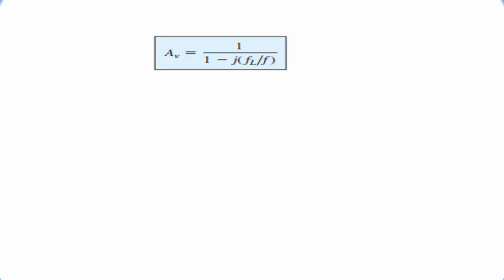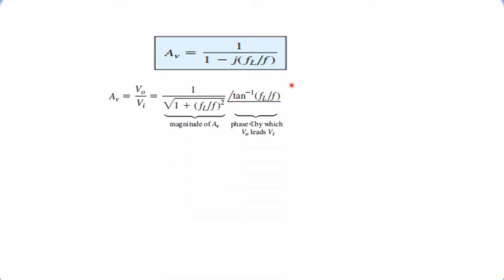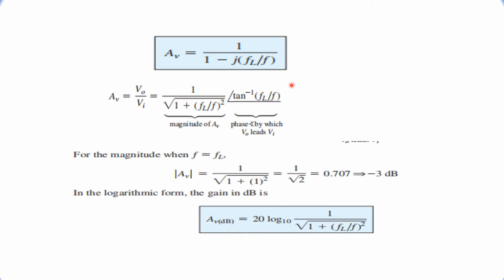Av is represented as 1 upon 1 minus j times FL by F. We can distribute this in terms of the magnitude component and phase component, where the phase component is tan inverse of FL by F and the magnitude is 1 upon the square root of 1 plus FL by F whole squared.